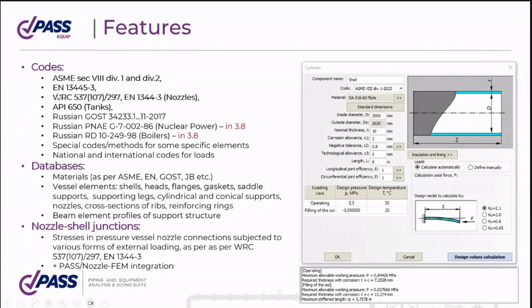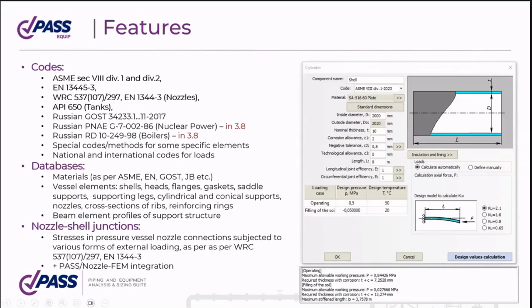And for tanks, we implement API 650. And also, of course, different national codes, for example, all Russian codes, not only codes, but also for nuclear power. It was extended in the latest version, by the way, and we also have a boiler code.